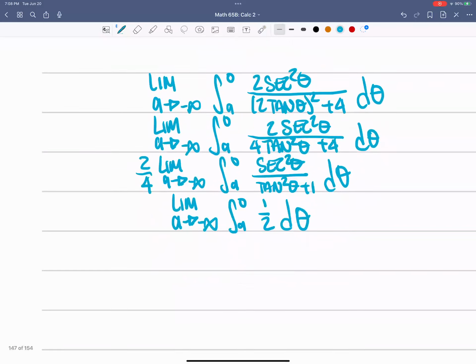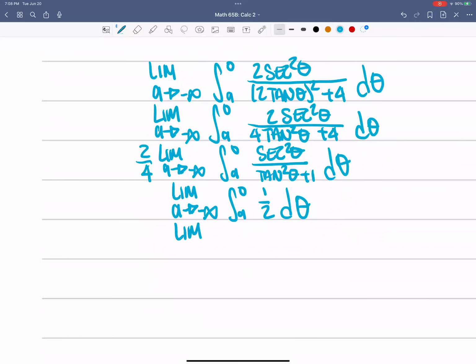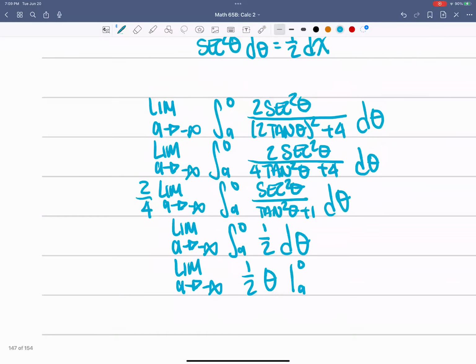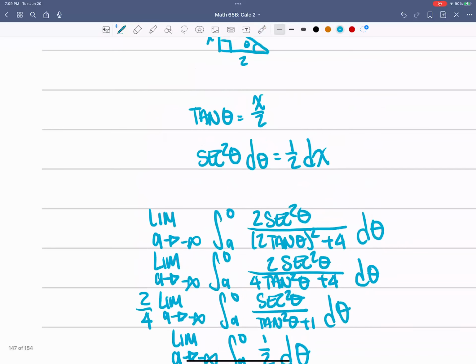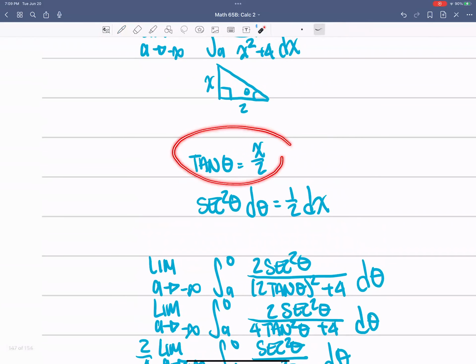That gives us the limit as a approaches negative infinity of 1 over 2 theta, evaluated from a to 0. A to 0 came from the original problem, so let's turn this back into an x.